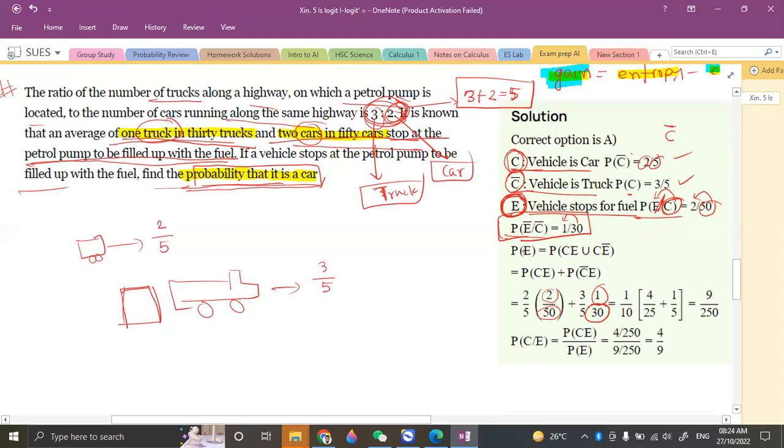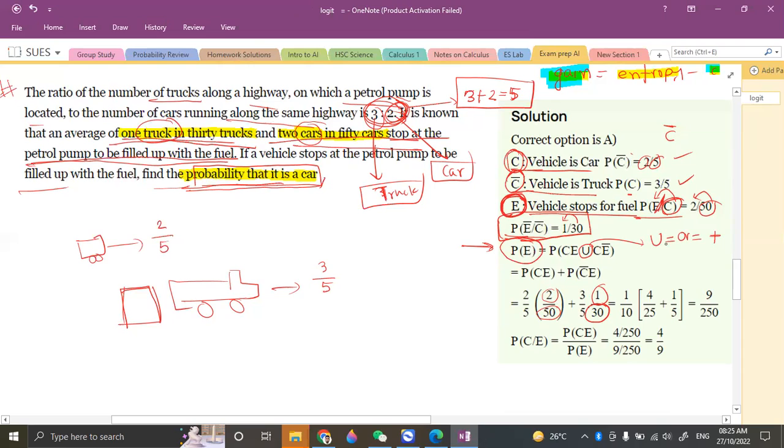And now the probability of cars or trucks needing fuel. This is the probability. So we find the union. Guys, do you remember union? Union means or, and it means plus, as I mentioned earlier.